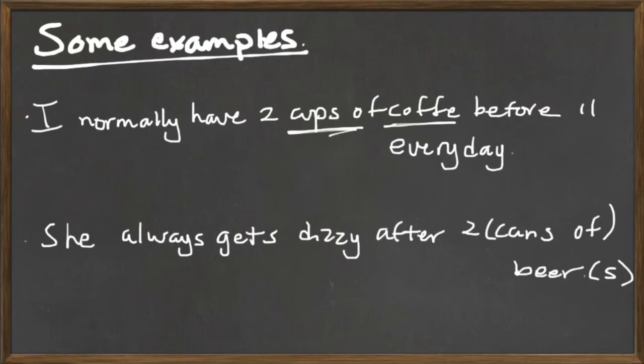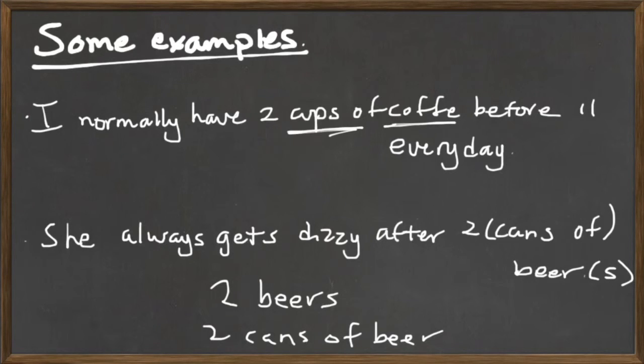You can say 2 cans of beer, or you can say 2 beers. 2 cans of beer would be the correct way to say it, but people can also say 2 beers. This is normal, this is the way people speak, so if that is the way people speak, you should also use it or know it's correct.